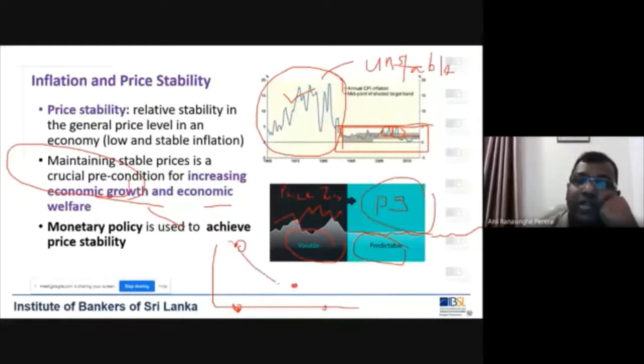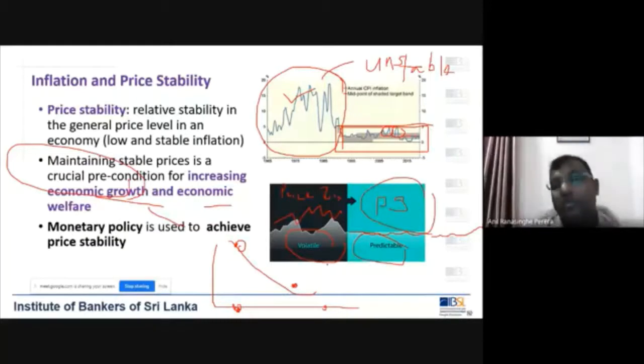So there's a negative relationship between inflation and growth, and a positive relationship between price stability and growth. When price stability is there, as measured by a low inflation rate, that will lead to increasing GDP growth in the economy. So that is basically the notion of price stability.